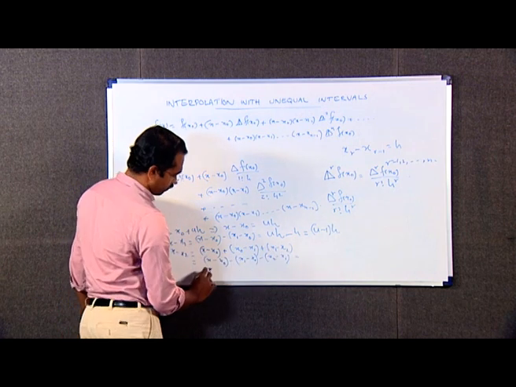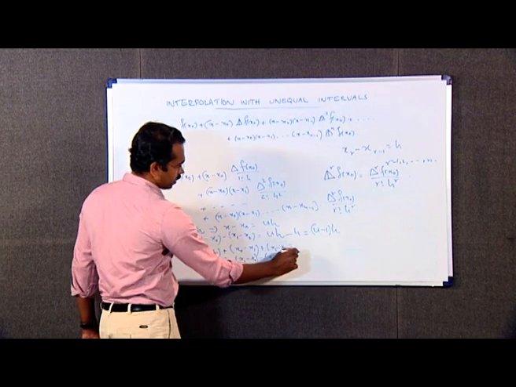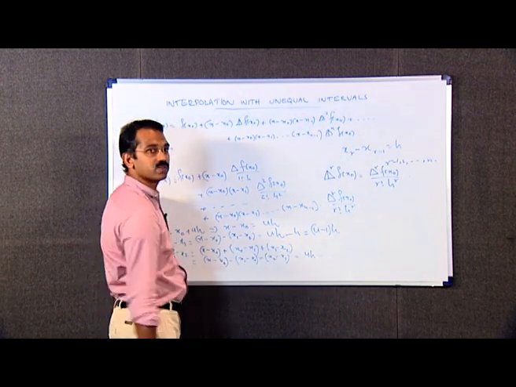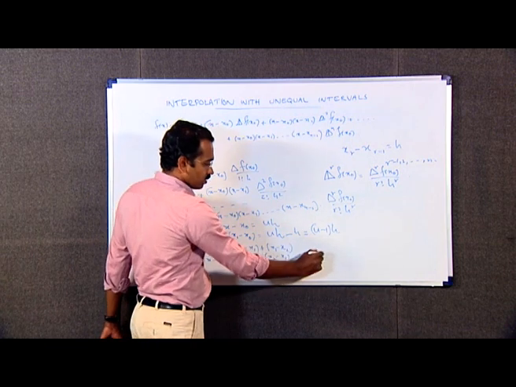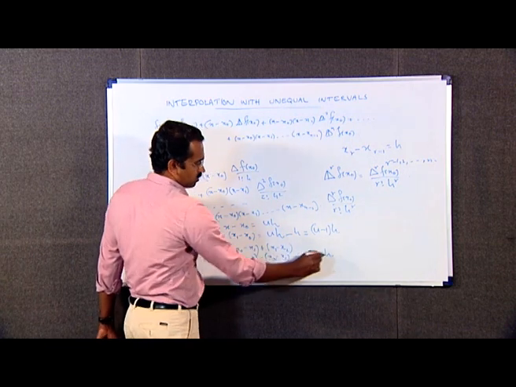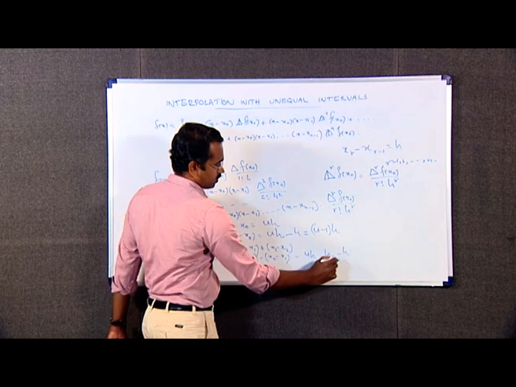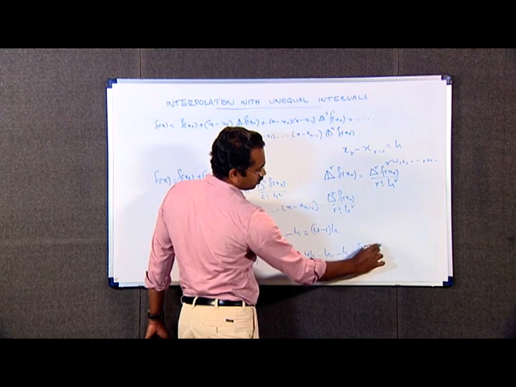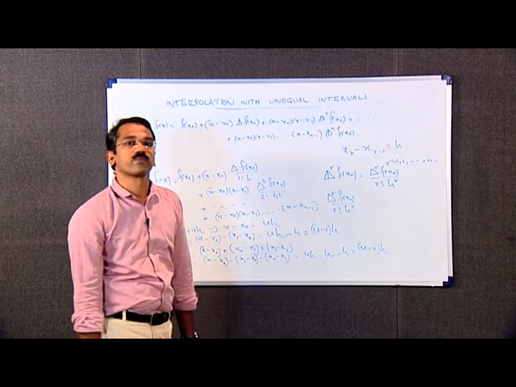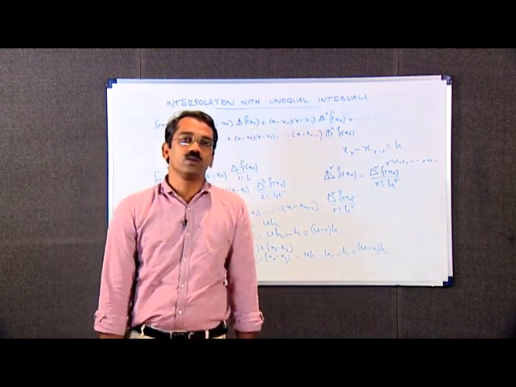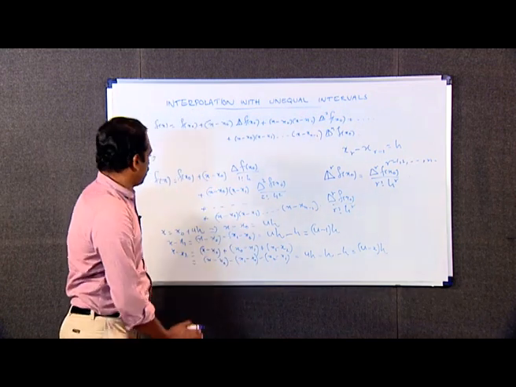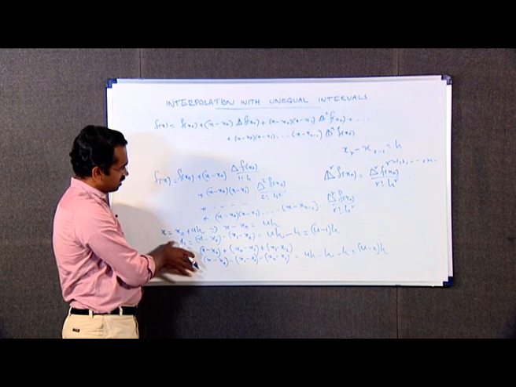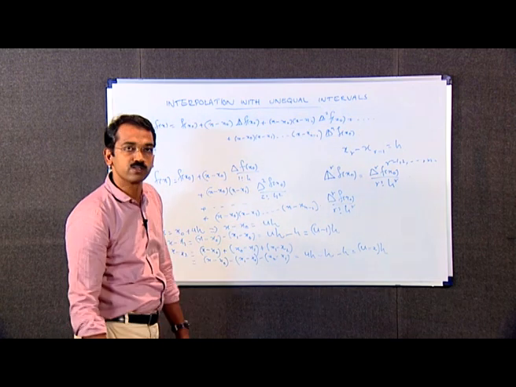That is equal to x minus x naught, which is u h, minus x 1 minus x naught, which is h, minus this also h, that is u minus 2 times h, etc. Therefore, we use these expressions in this divided difference formula.